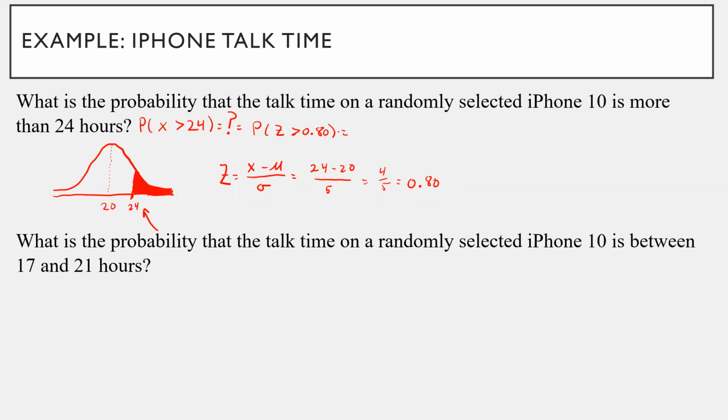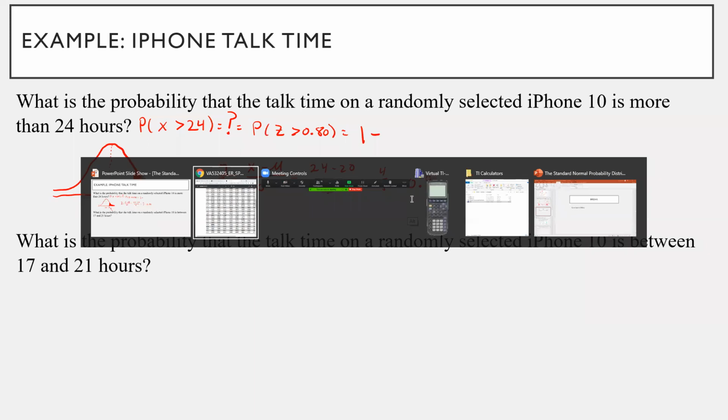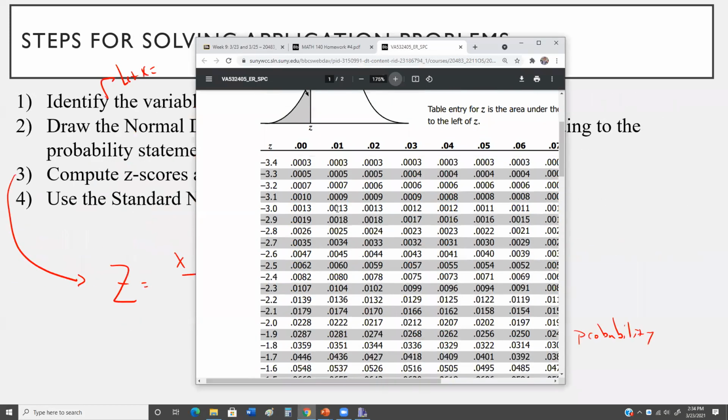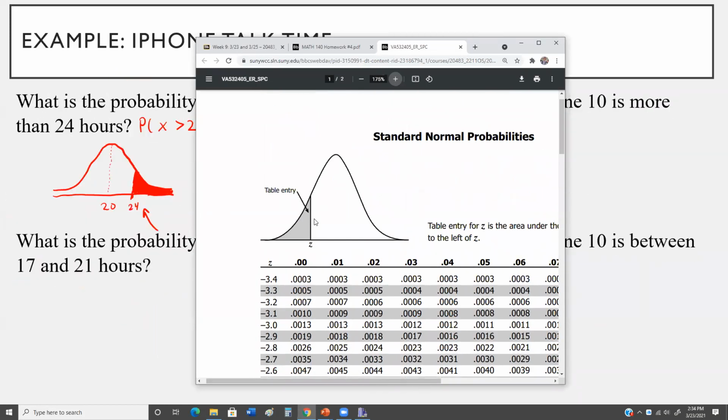What do I got to do? Would it be 1 minus 0.80? So you're close. It is 1 minus something. But what you have to do is look up the area first. So you got to go find 0.80 on your table.